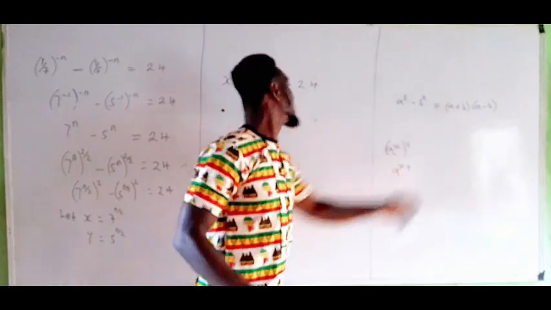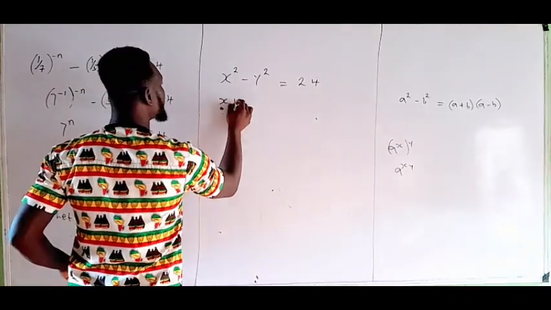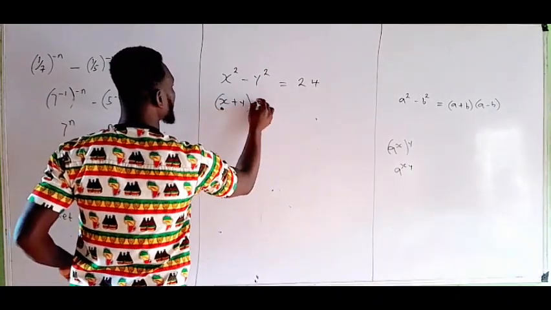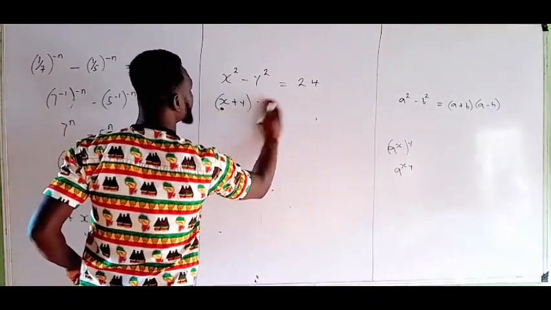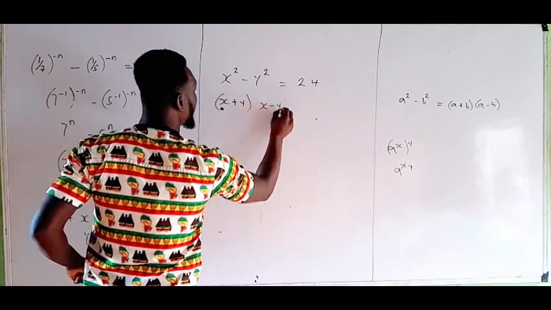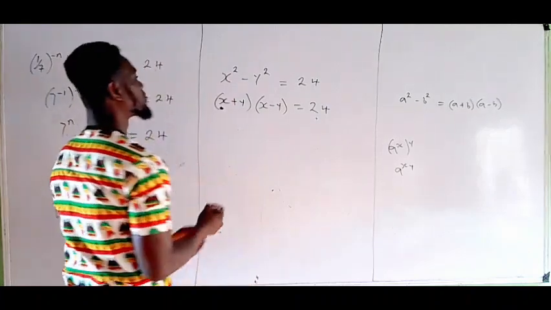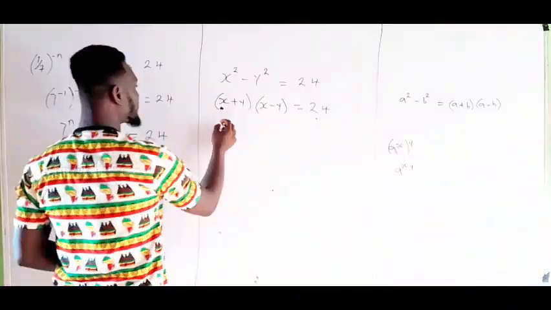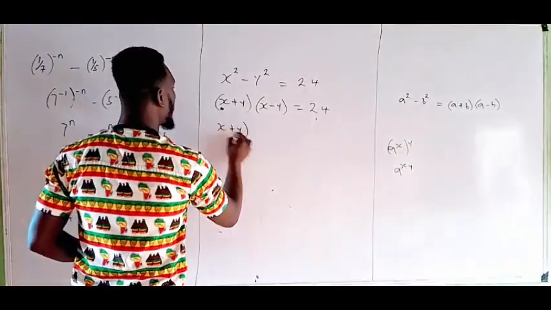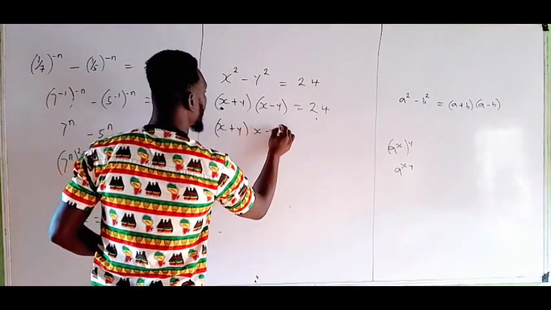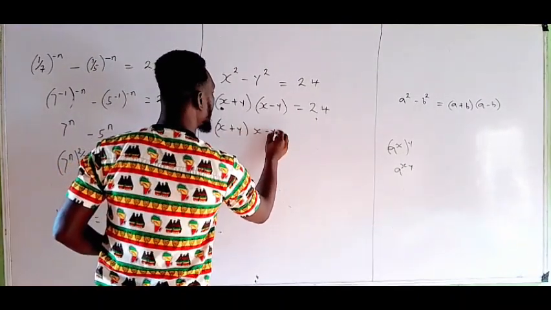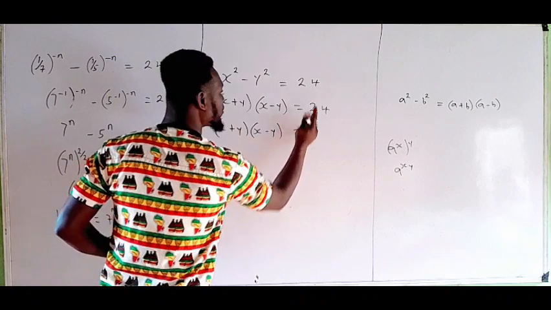From this identity, this is the same thing as x plus y times x minus y equals 24.